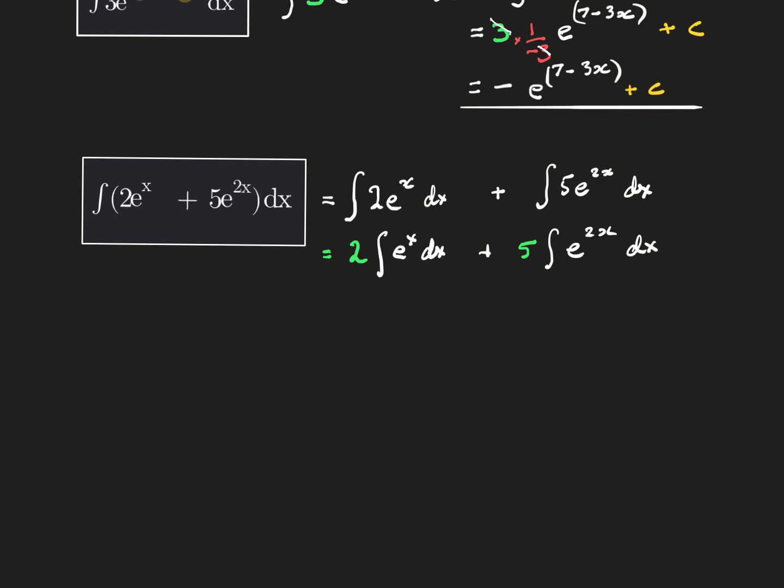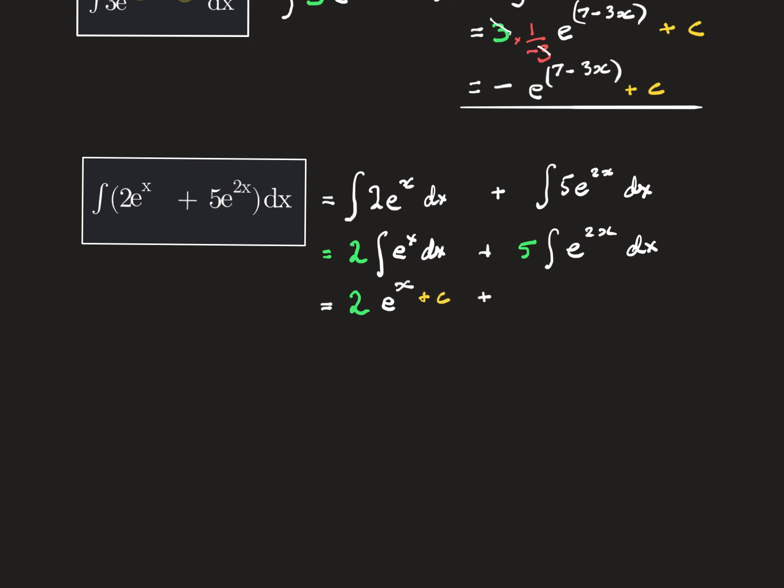Now we can start the integration, so we'll leave the 2 out over here. And the integral of e to the x is just e to the x, just as differentiating e to the x gives us e to the x. We need to add the c to it as well, that is for this moment.